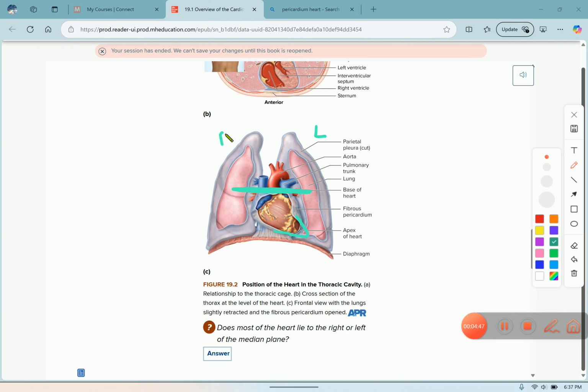This is the left side, this is the right side, and the heart does displace the left lung a little bit. That's called the cardiac notch. We'll talk more about that later. But we do have a right and left lung, and that's going to be important for reoxygenating blood.